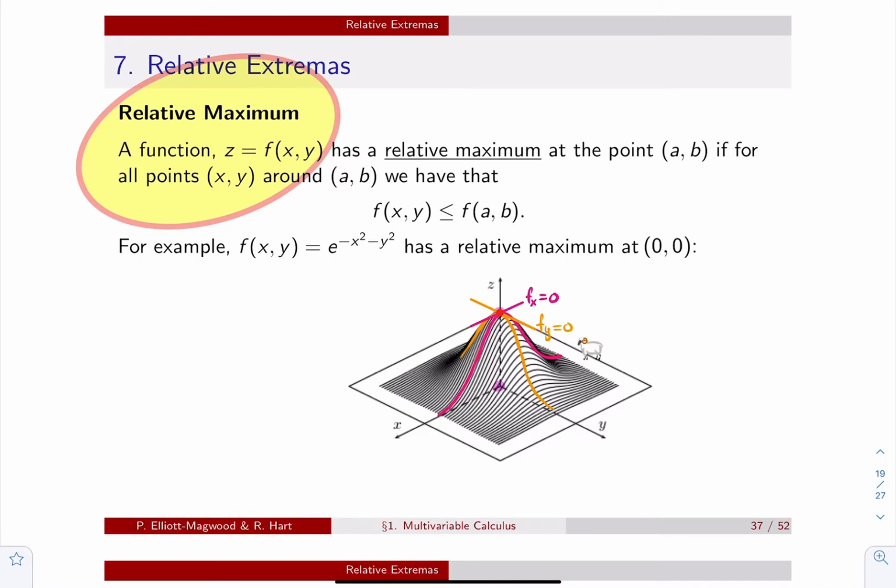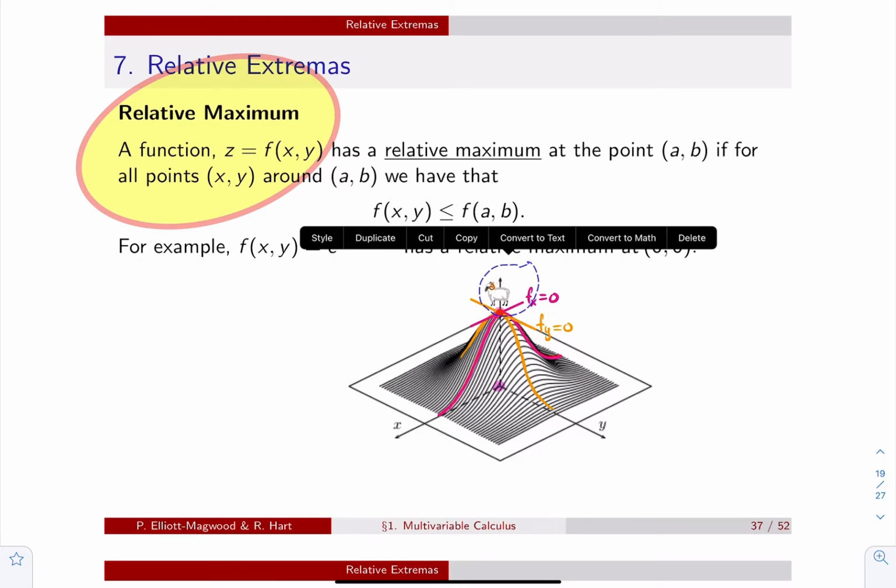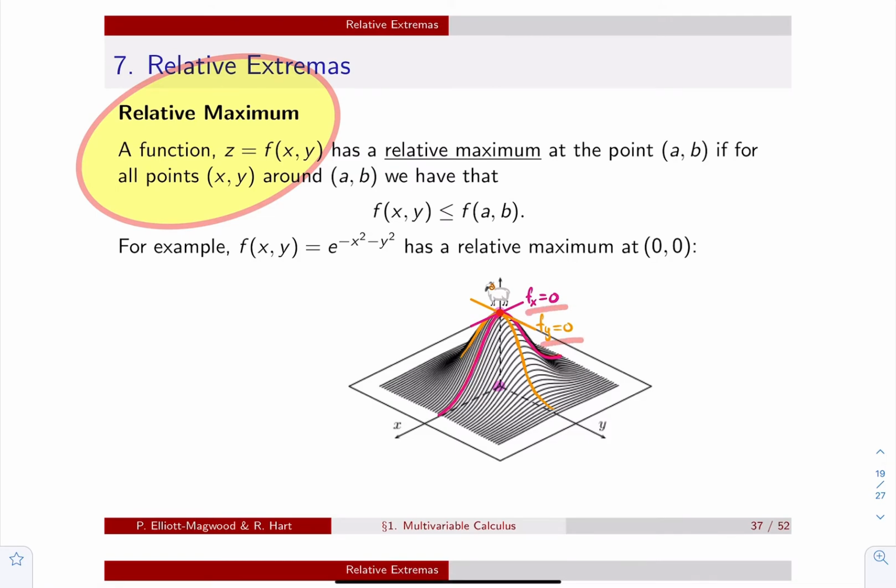So all that just to say that when you have a local maximum, like represented here, the partial derivatives f of x and f of y are both equal to 0. And in particular, you can see that in both directions, we are on top of some parabolas, like in the magenta direction or in the orange direction.